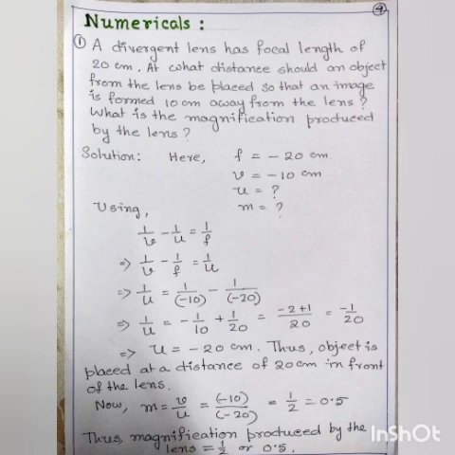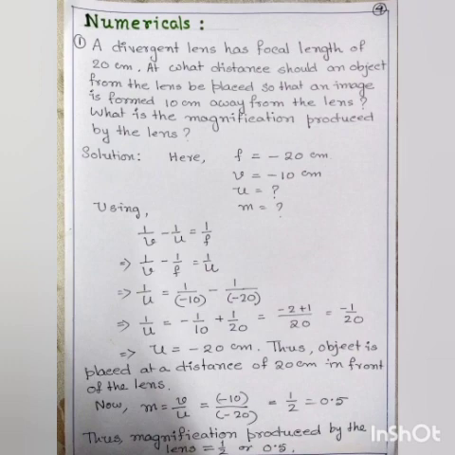And always I will advise to write the value with a bracket. So 1 by u equals to 1 by minus 10 minus 1 by minus 20. So what we will get? 1 by u equals to minus 1 by 10 plus 1 by 20, means minus 1 by 20. Therefore, u, the object distance, is equals to minus 20 centimeter.